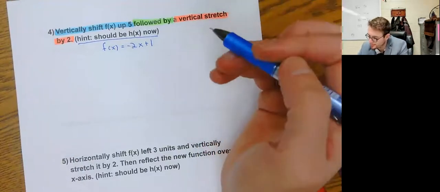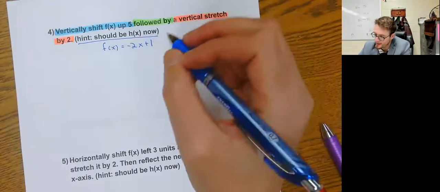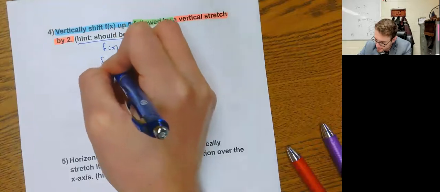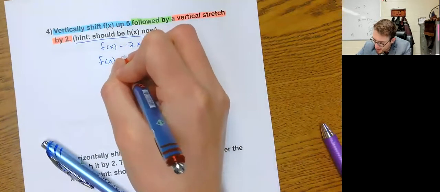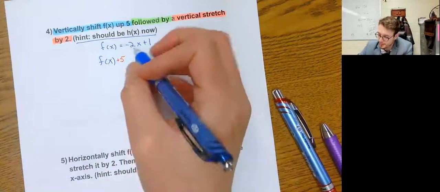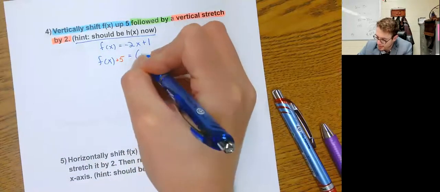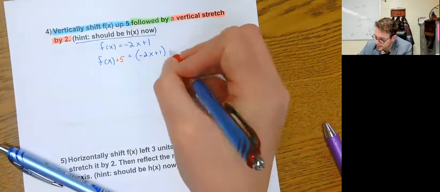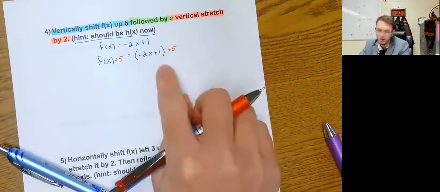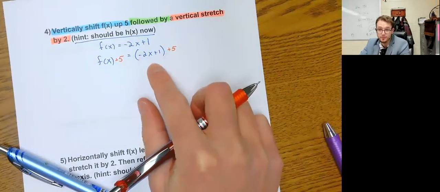So first one, we're going to vertically shift f of x up 5. So we're going to take f of x. We're going to vertically shift it up 5. That means to add 5 to the whole function. Now, are those parentheses necessary at all? No, they are not.